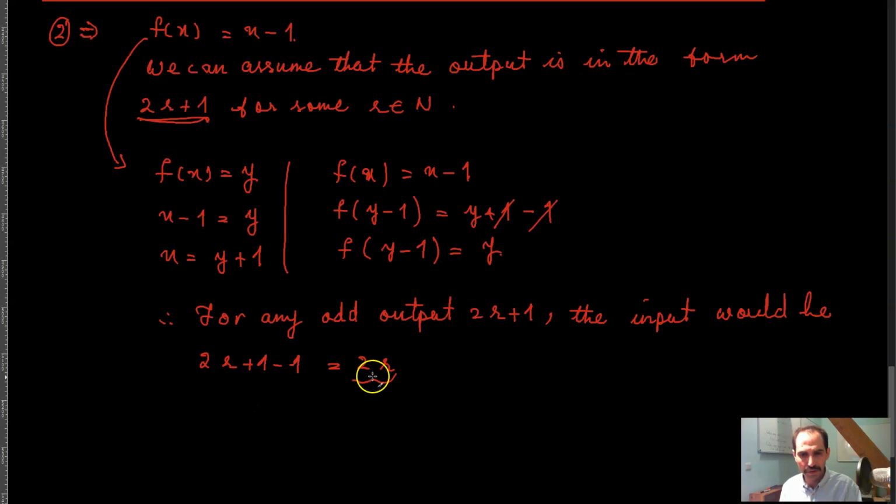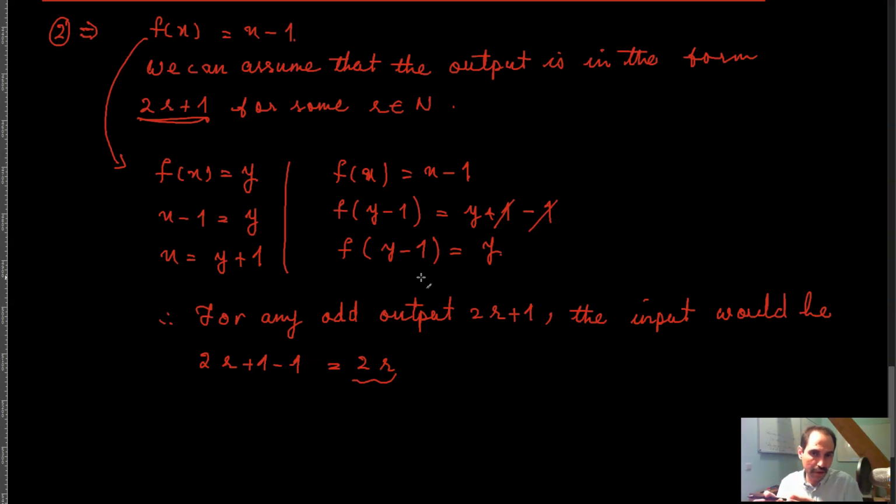So it's actually possible for any odd output that you have in the codomain of the function, there is going to be some input in the domain of the function that is mapped to that element. That means that none of the odd outputs are left alone.